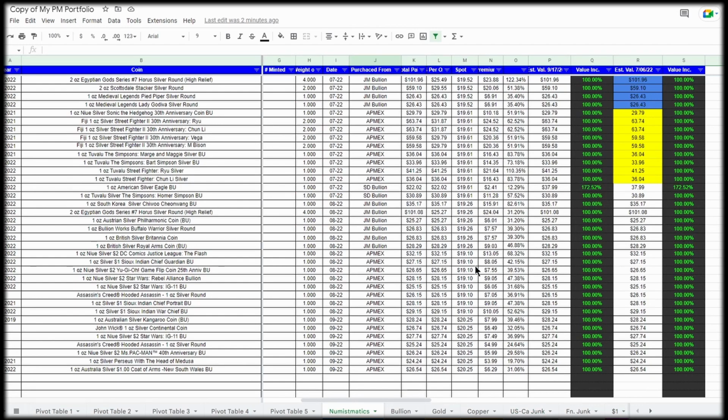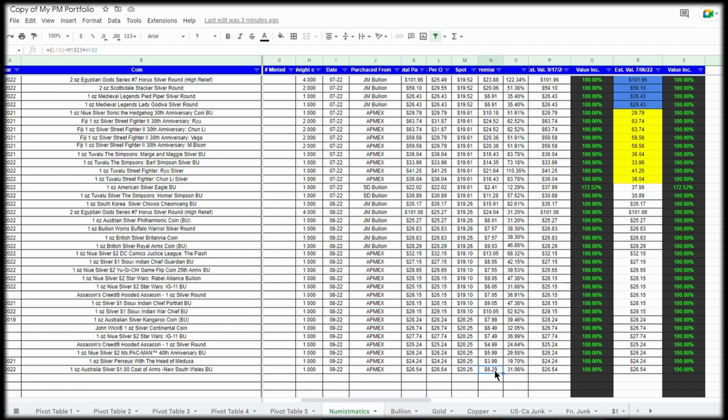Here with me, we have coins and rounds that were purchased from the numismatic perspective. For example, this Australian silver, 1 ounce, most recently, sometime this month actually, September 2022, we paid $26.54 for it, where the spot price was $20.25.